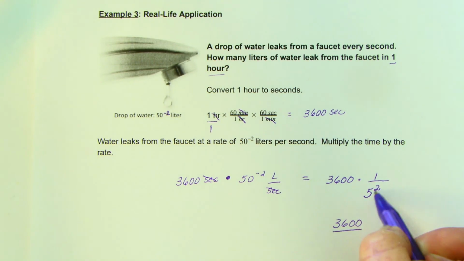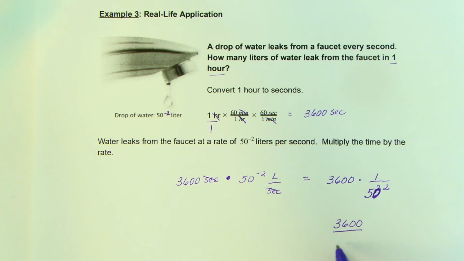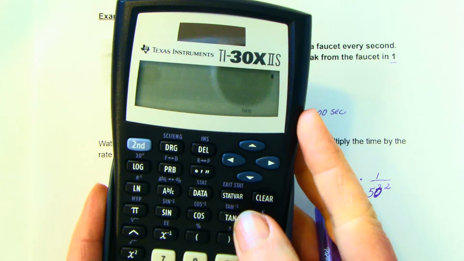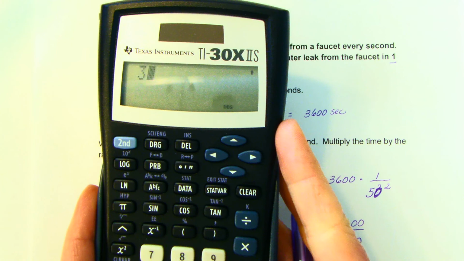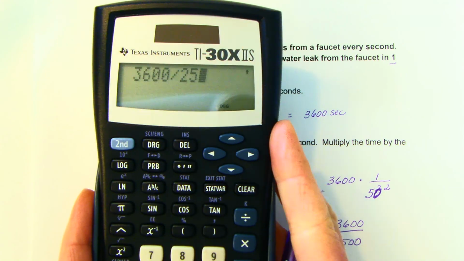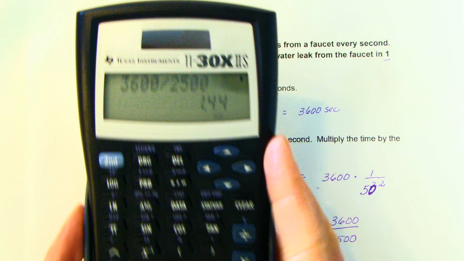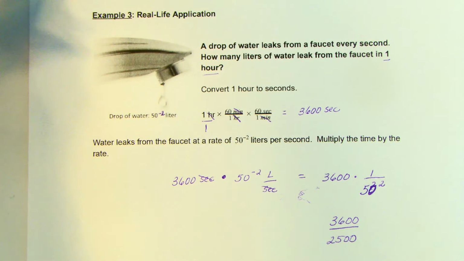Whoops, that's not 5 squared, that's 50 squared. Okay, 50 squared is 2,500. And then I want my answer as a decimal. So I'm going to do 3,600 divided by 2,500, and that is equal to 1.44.